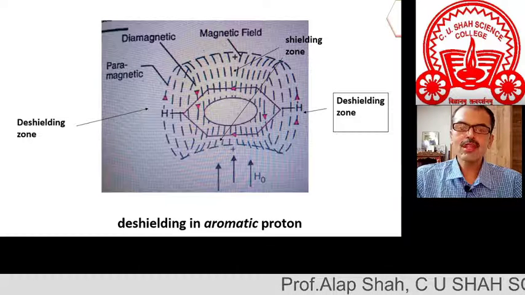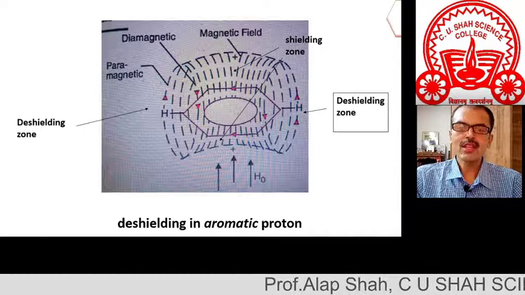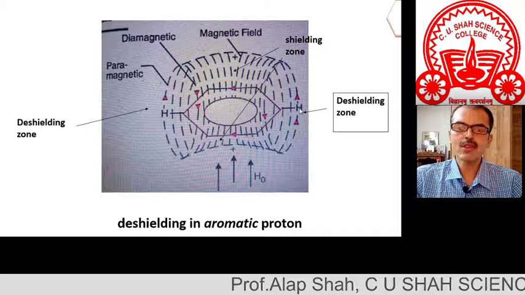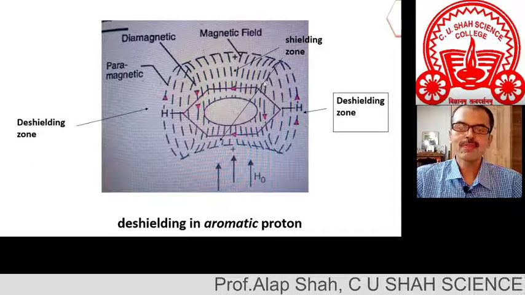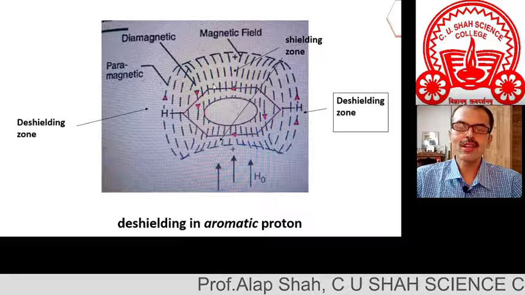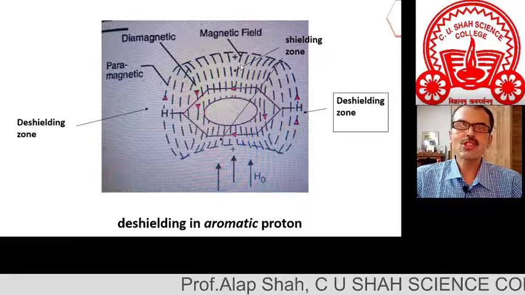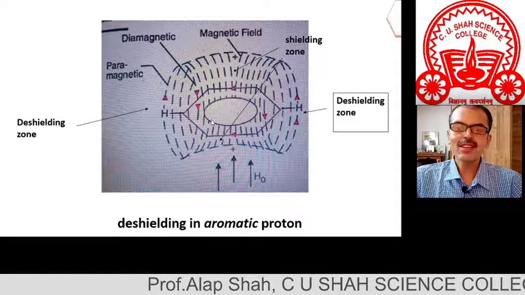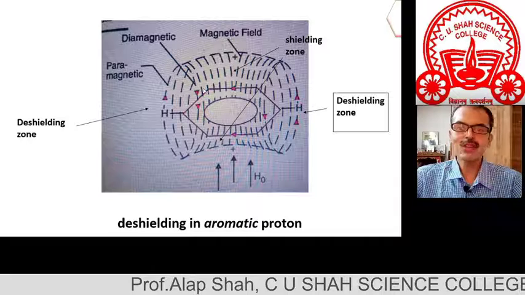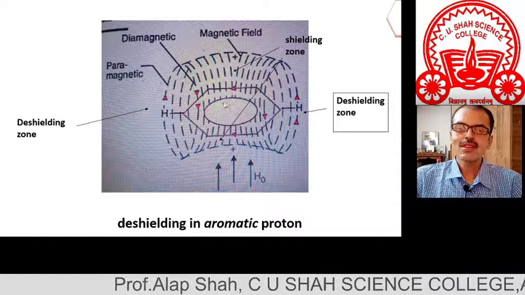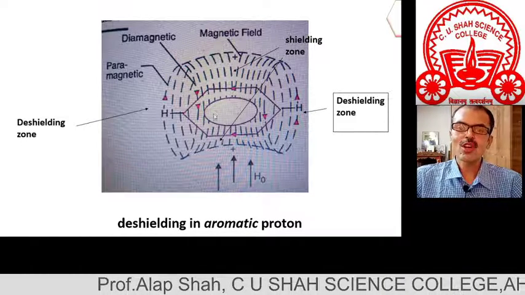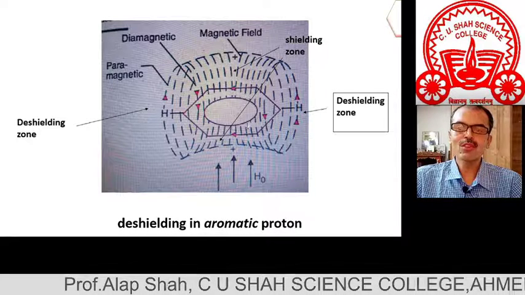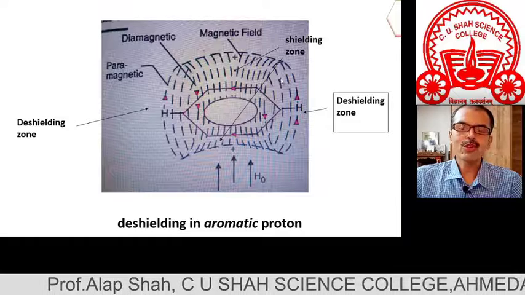One more thing: I have shown only two protons, not all six. If I write a proton over here or here, you will find that they are situated in this region, but no. As I told you, this aromatic ring is perpendicular to the induced magnetic field. Now, this circle, normally we write as resonance, but here it is not resonance but the revolution of electrons. They produce the induced magnetic field.